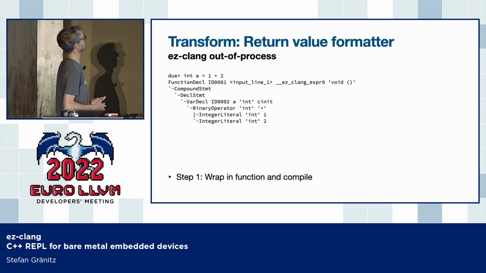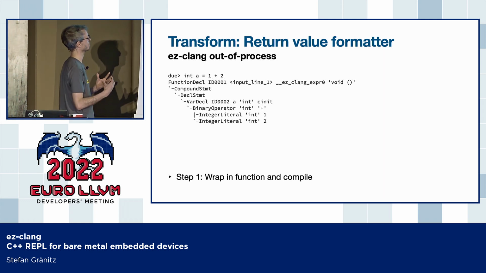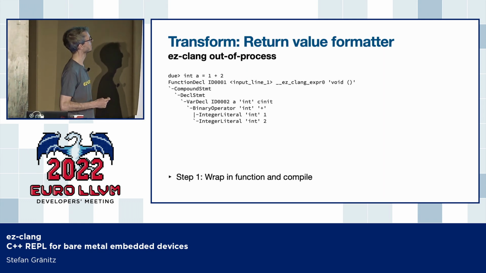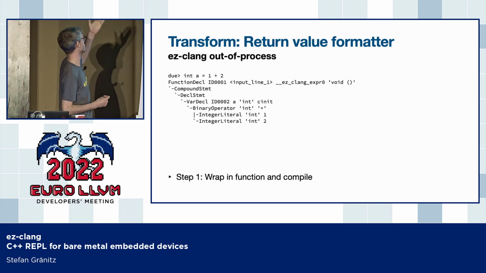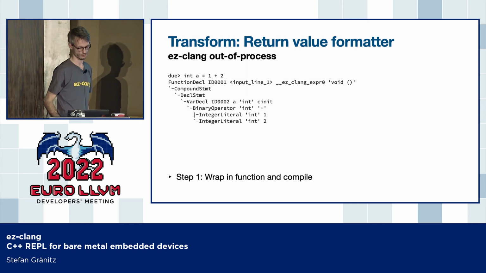We have this expression. It gets compiled to bitcode. But before that, we have to wrap it into some entity, some function, ez-clang expr 0 here. And Clang gives us an AST like this. I stripped it down a bit and removed unnecessary information so that it's readable.